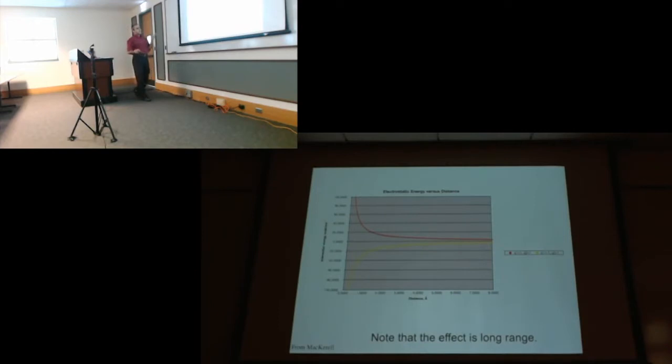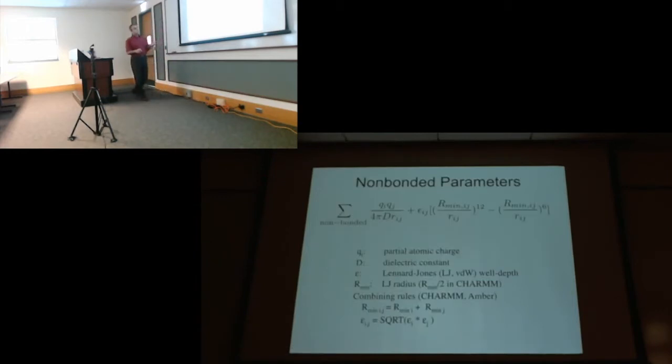So electrostatic interactions are considered long range because they die with 1 over R. Whereas these guys, R to the 6 and R to the 12, this is really short range. It only acts at very short distances, especially the repulsive part.